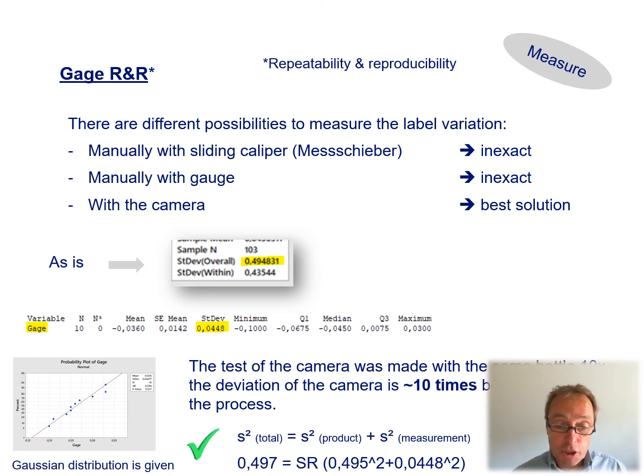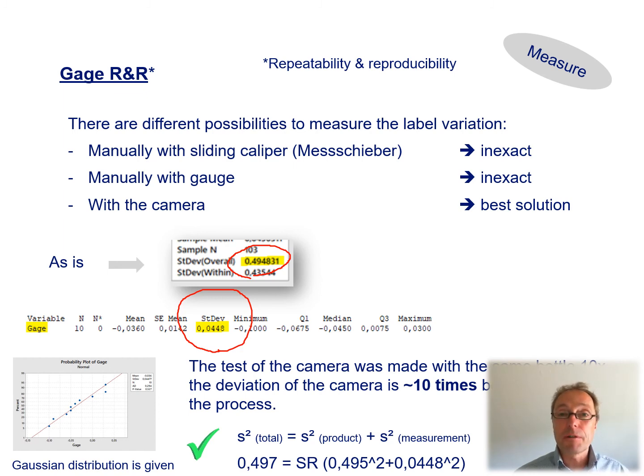There are deviations, and here we see that the standard deviation is 0.04, and in the process we have seen there, the standard deviation was 0.49. So the camera is about 10 times better than what we want to know, and this is okay. When this is 10 times better, we can say it's fine.